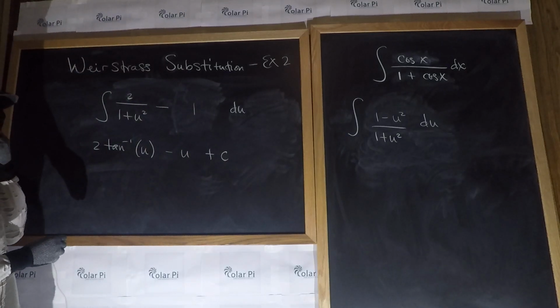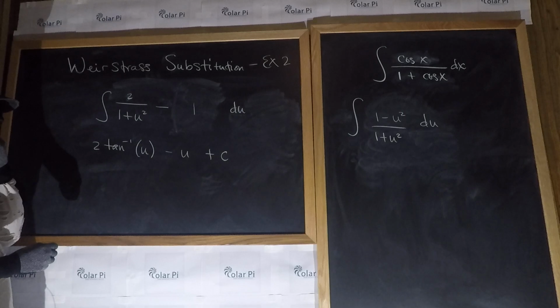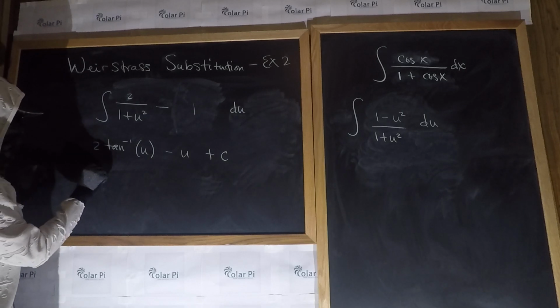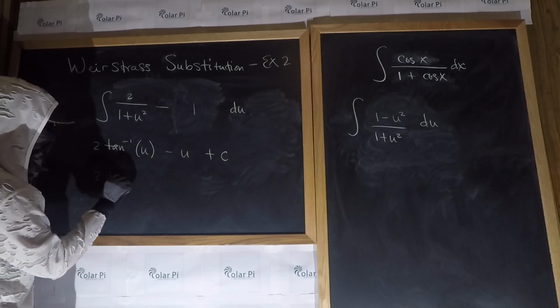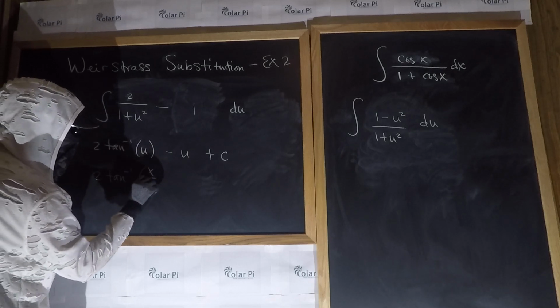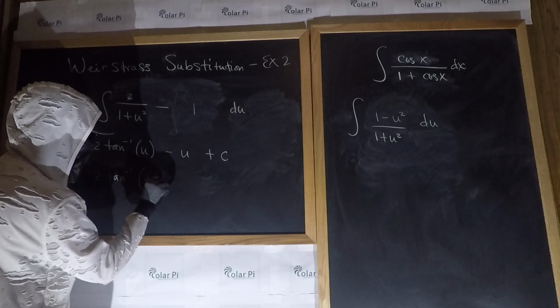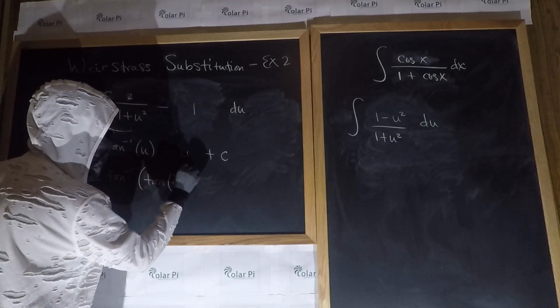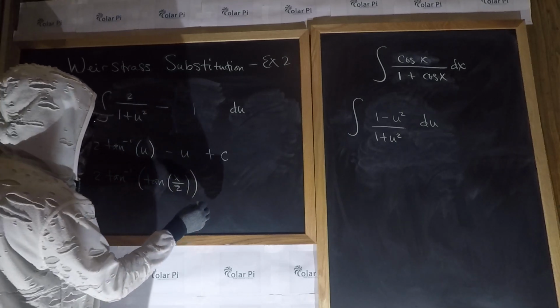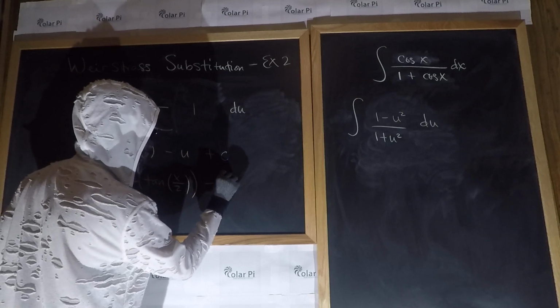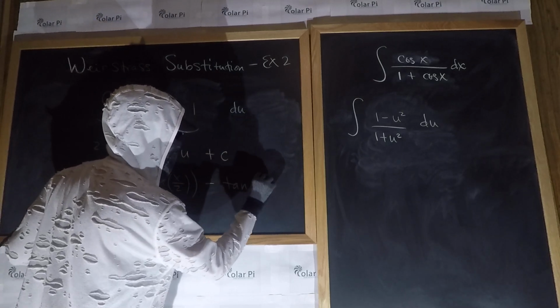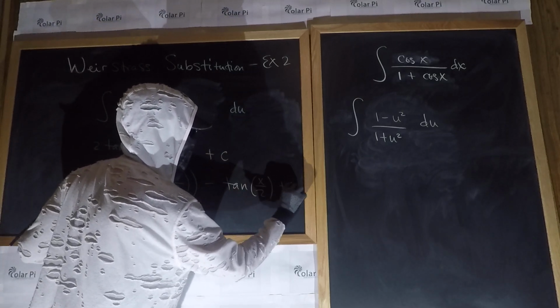And then we recall u is tan of x over 2. So the final answer here is, no, my bad: tan inverse of tan of x over 2, and then minus tan of x over 2 plus c.